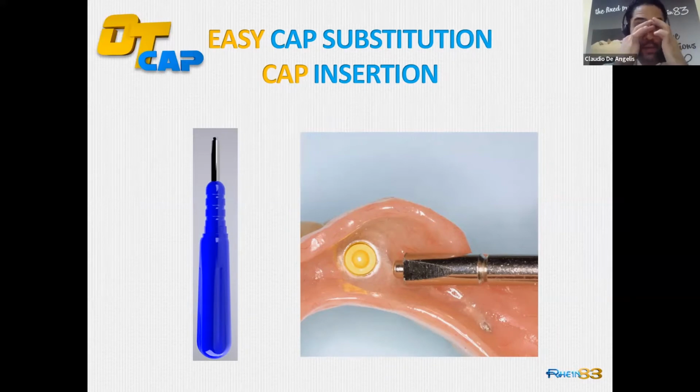If you don't have a metal housing inside your denture, you need to remove the cap with a bar. You need to make again space inside your pink resin, and you need to reline your denture with all the problems you may have, with all the time that you need for this practice.